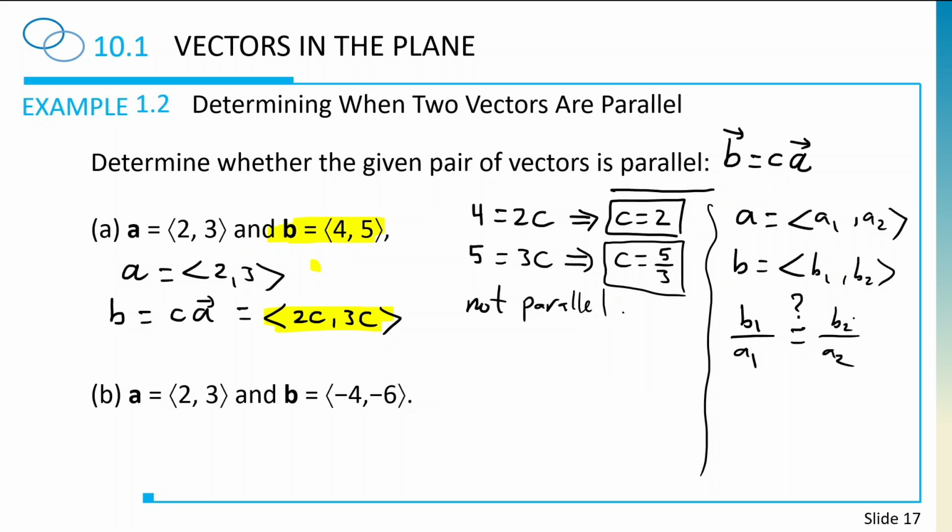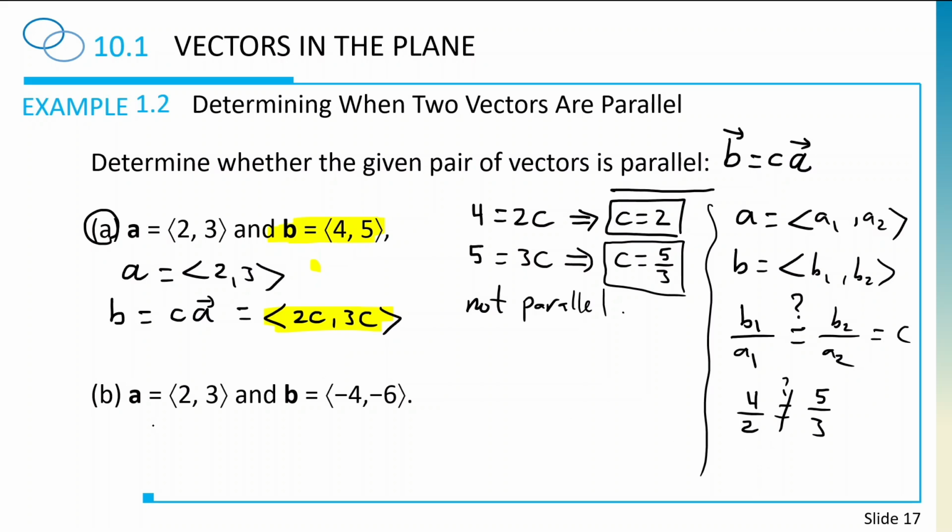This is basically just C. If they are equal to each other, yes, they are parallel. If not, they are not parallel. So I can do it very fast. Going back to part A, is 4 over 2 equal to 5 over 3? It's not. So they are not parallel. You see, it's very fast.